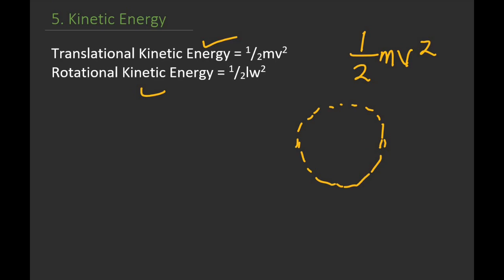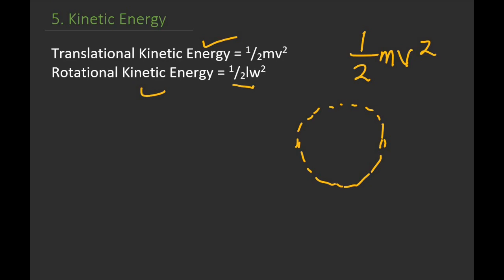The formula for calculating translational kinetic energy is 1 over 2 mv squared, what we all know as the kinetic energy equation. But kinetic energy of rotation, which is the movement energy an object has due to its spin, is 1 over 2 Iω squared, as we can see here.